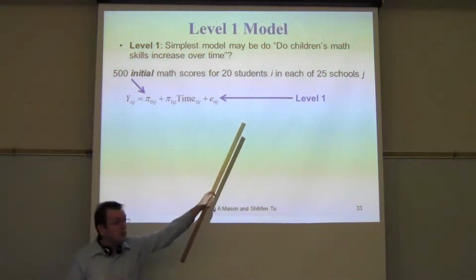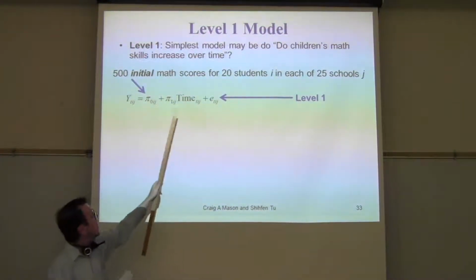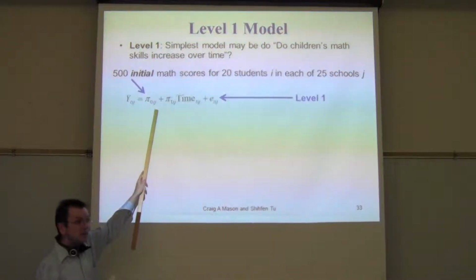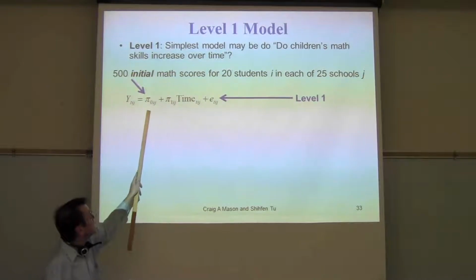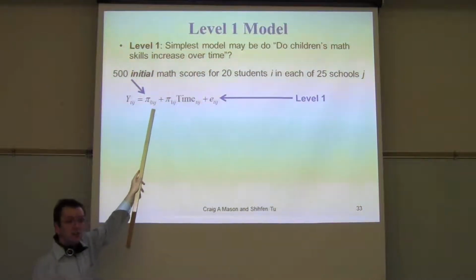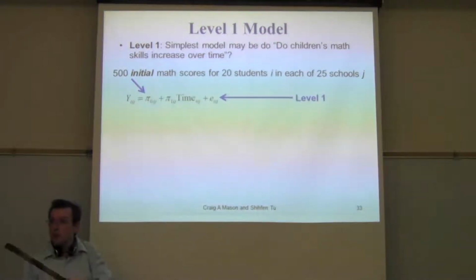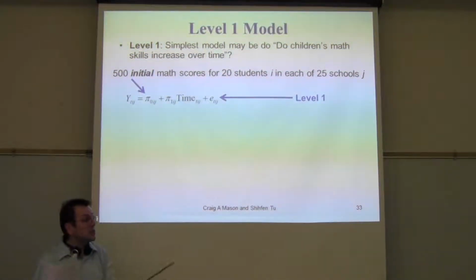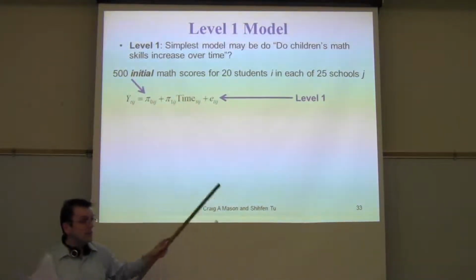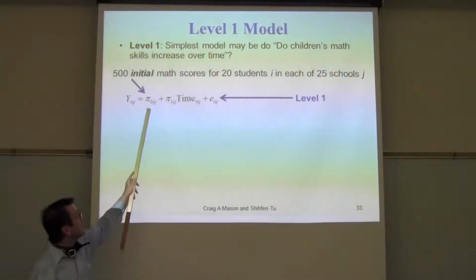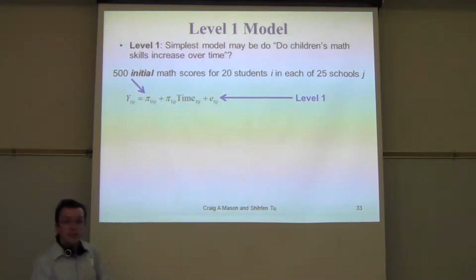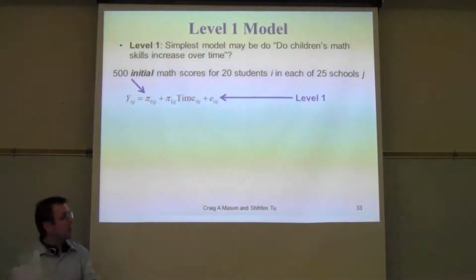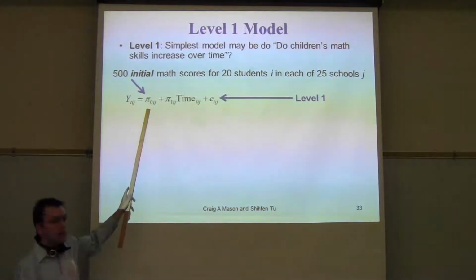Every student has a growth curve, so all 500 students will have their own intercept. It's just 500 different intercepts. What was the intercept? Their baseline score, or their predicted baseline score. So we're just predicting each individual student's baseline score, and that's what pi 0ij is.